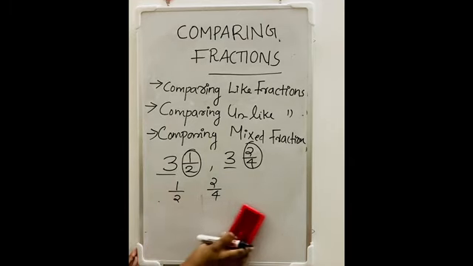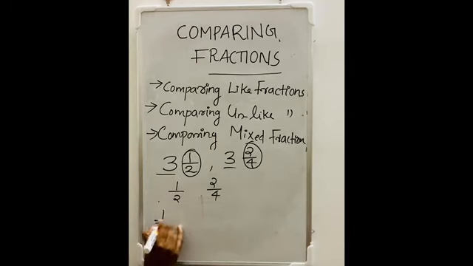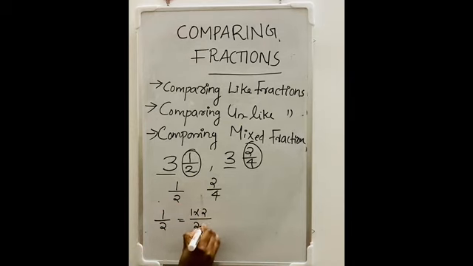Next we make them like fractions. For 1 by 2, we know that 2 into 2 is 4, so we make the denominator 4 because our LCM is 4. So 1 into 2 divided by 2 into 2 is equal to 2 by 4.